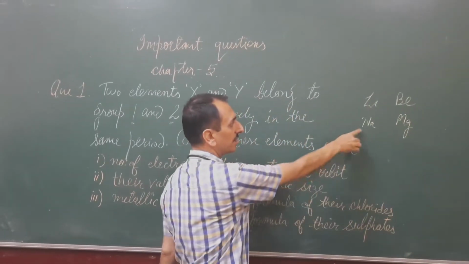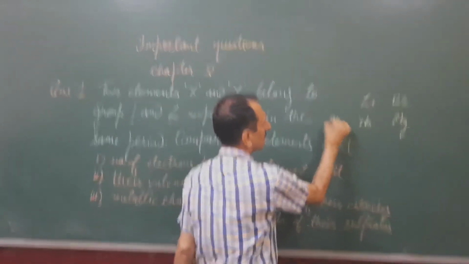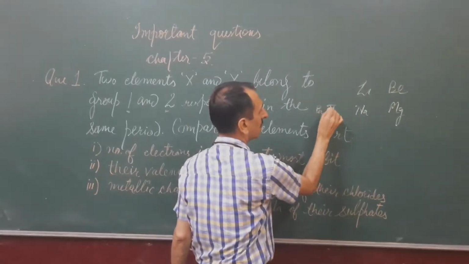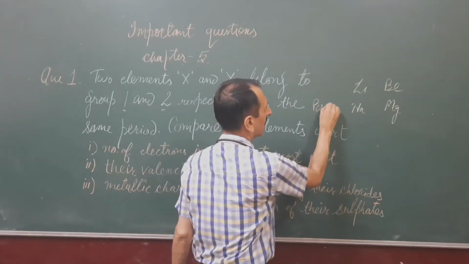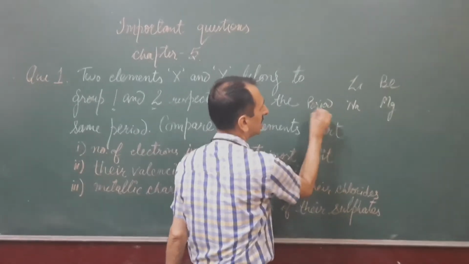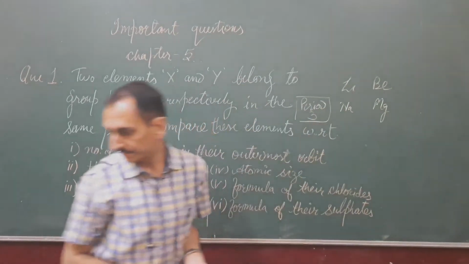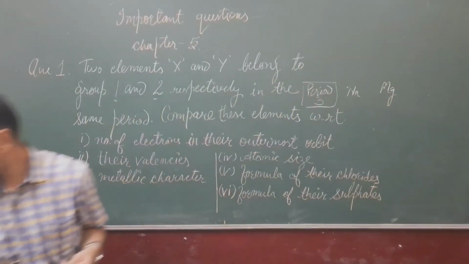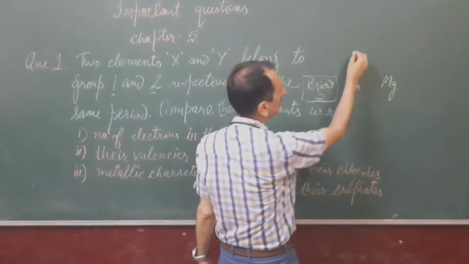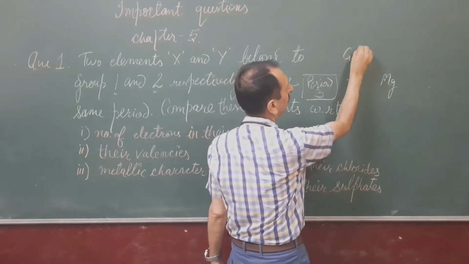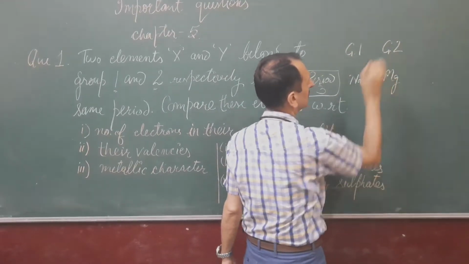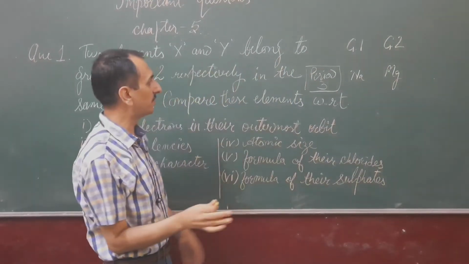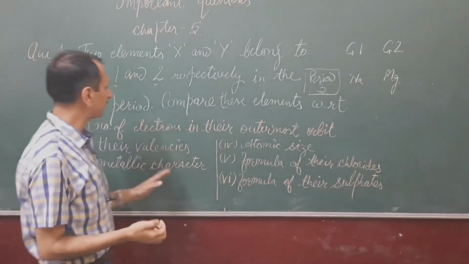We are taking period number 3 examples. Group 1, group 2, just for our convenience, so that we can answer all the questions exactly.